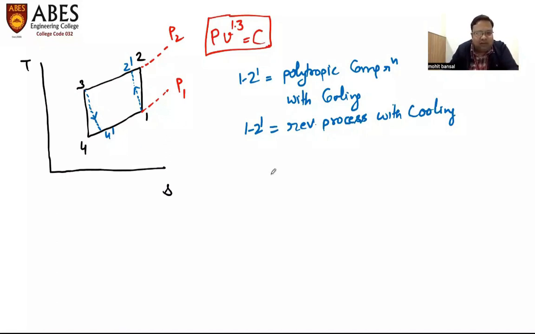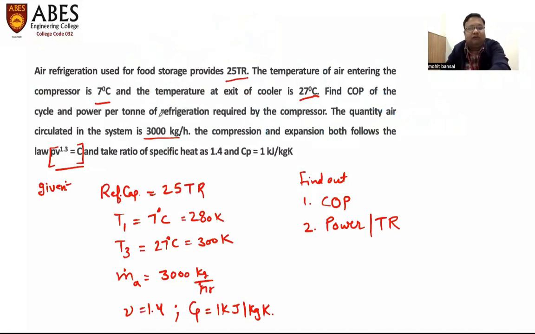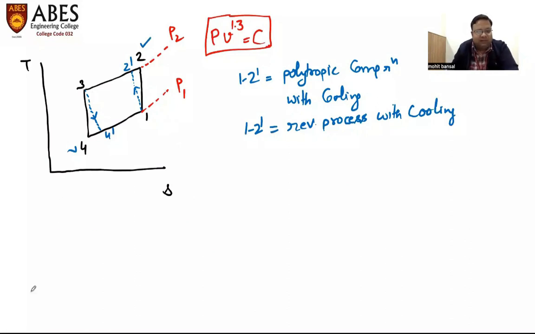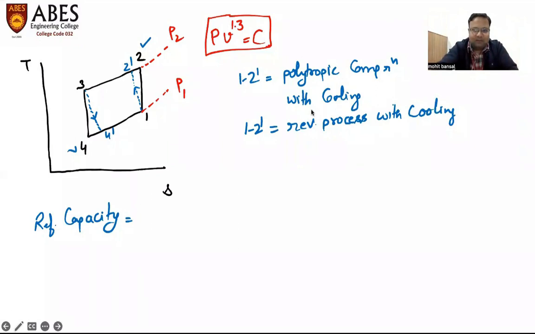So here we have to first find out the T2 temperature and then T4. Now in this question, a very important part is that pressures are not given. So how will we proceed? Firstly, we will see the refrigeration capacity.